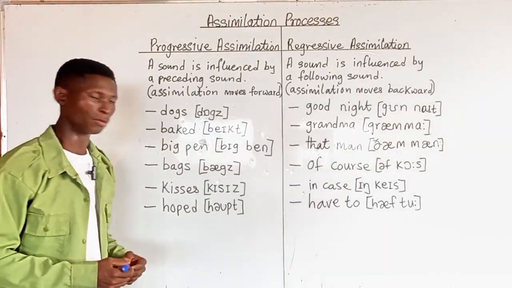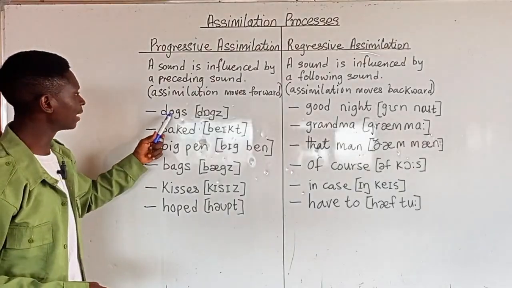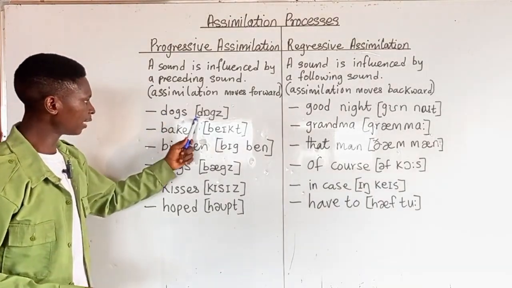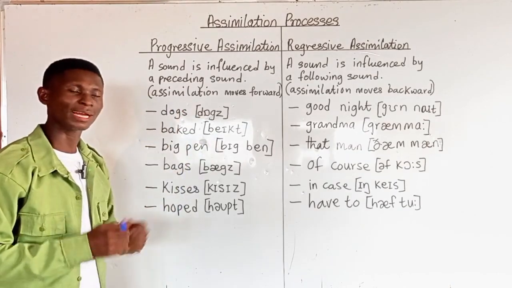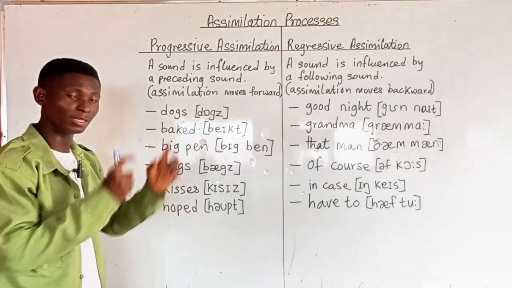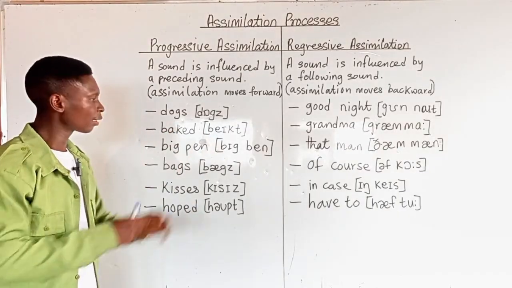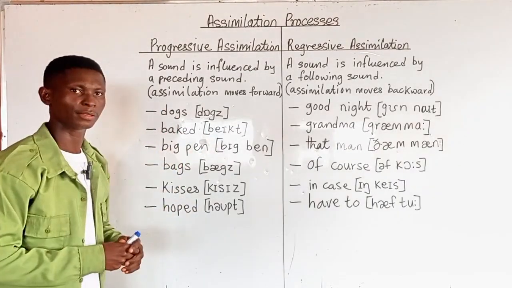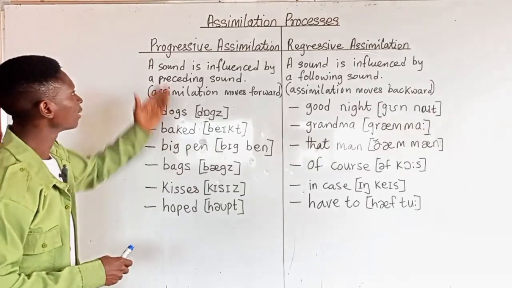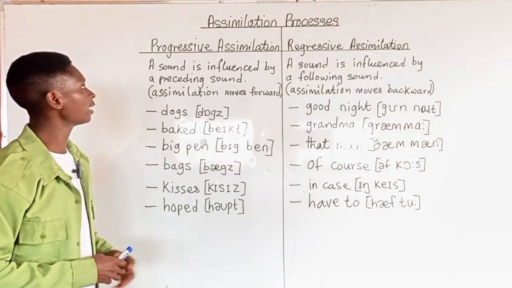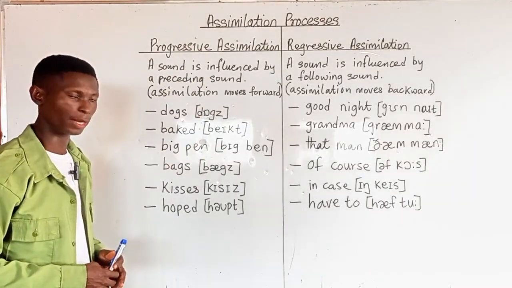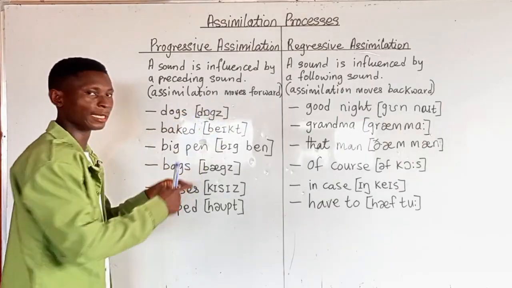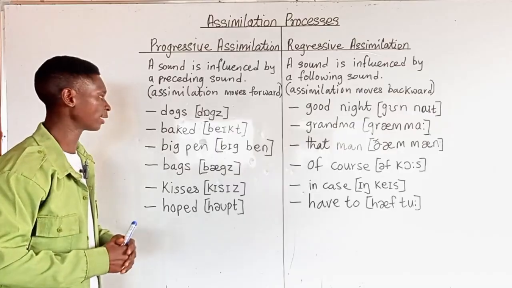Let's have some examples. The first one here is does. This is the transcription, and we have square brackets because we are considering it phonetically. We are considering everything, including phonological processes like assimilation. That is why we transcribe it this way. We put it in square brackets and not slant brackets this time.